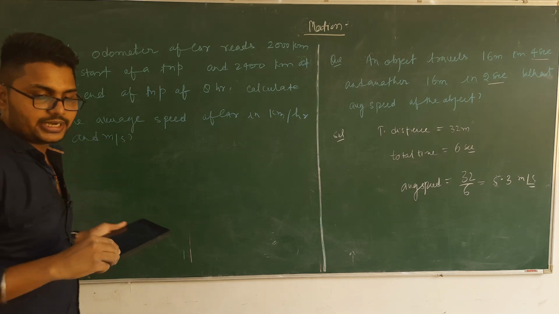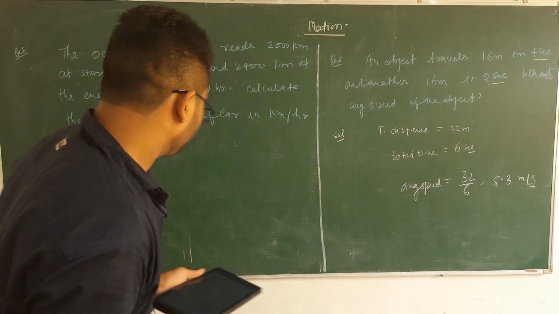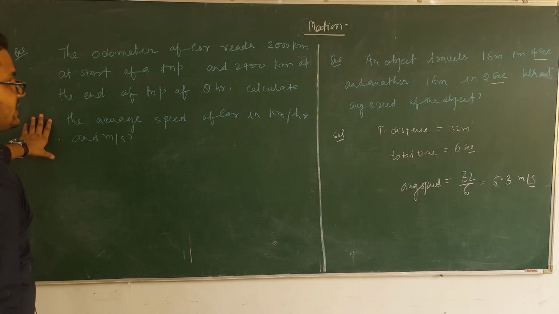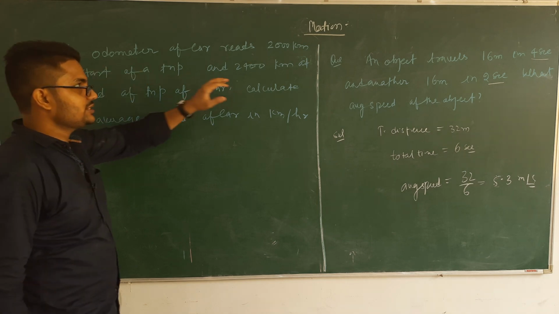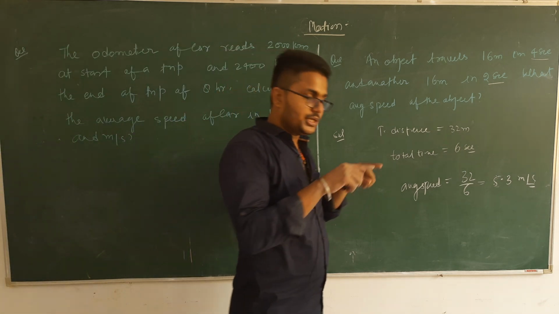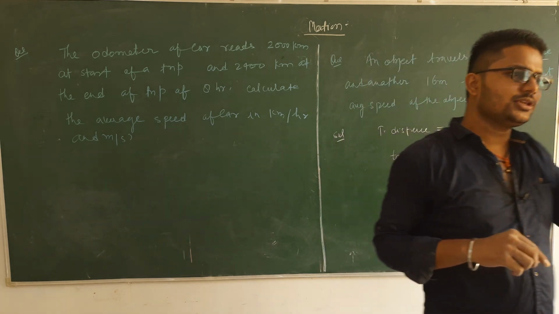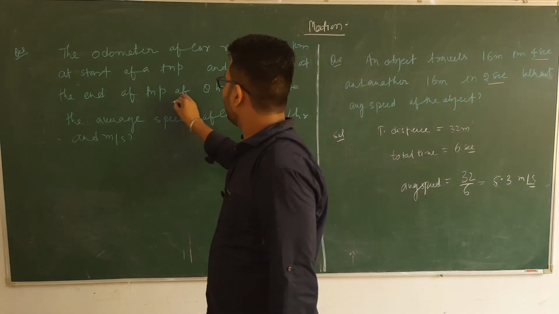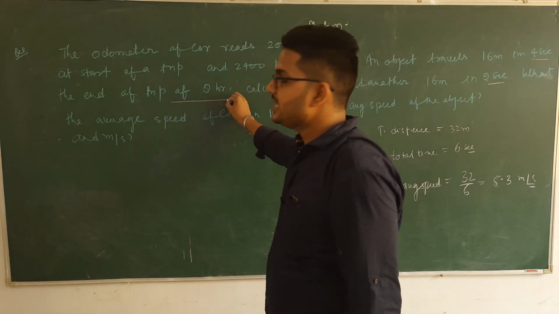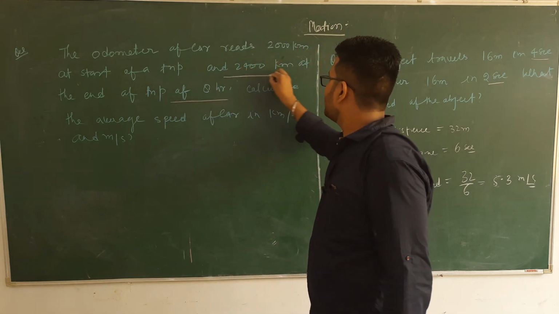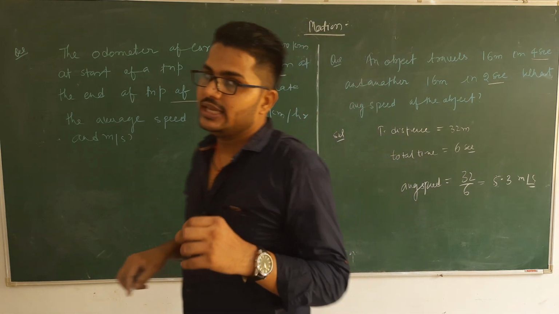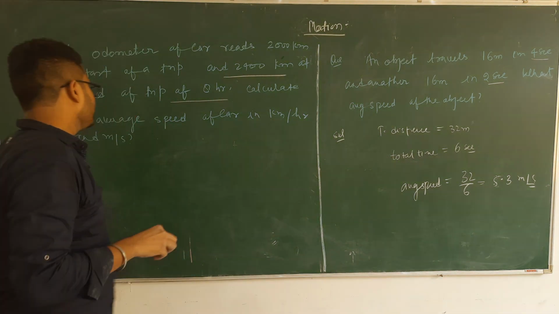So how to calculate this type of question? What is given in this question? The first reading of the odometer of the car is 2000 kilometer. After 8 hour, what distance has he traveled? He has traveled 2400, meaning 400 kilometer in 8 hour.